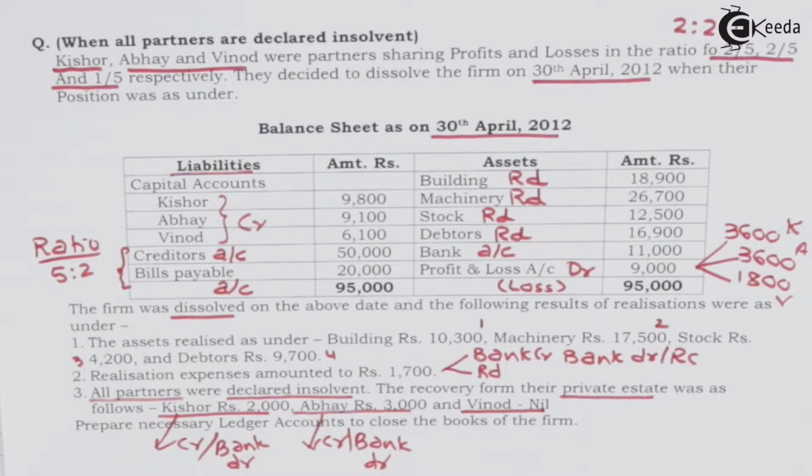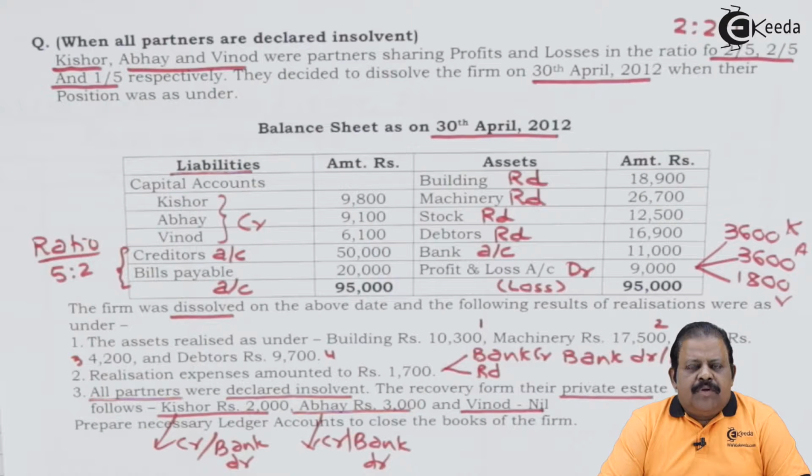This account is not opened when one partner was insolvent in certain problems which we have solved. When all partners are insolvent, this account is to be opened, called the deficiencies account. This account is required to be tallied so that we can understand we have done our entire question correctly. Let us open ledgers and start solving the problem.